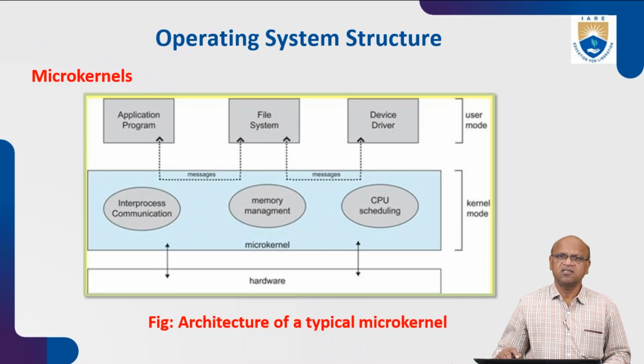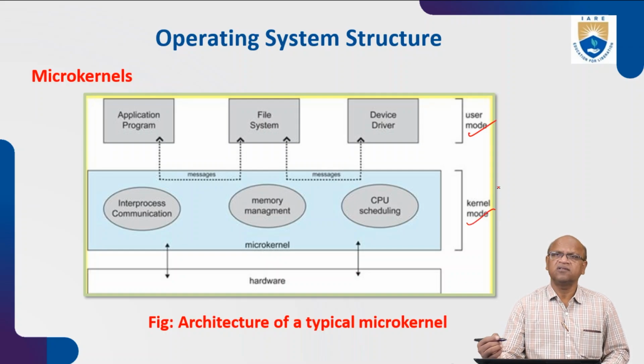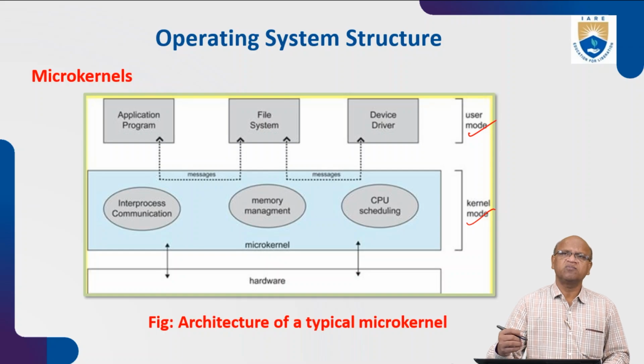That is the only difference. Every operating system will have almost the same functions, and more. These are the common functions, in user mode and kernel mode. Almost all operating systems have user mode and kernel mode, but the arrangement between these modules is different. That's it.